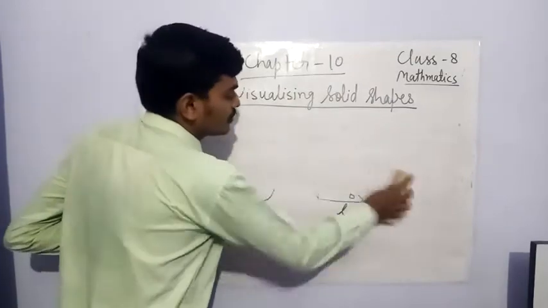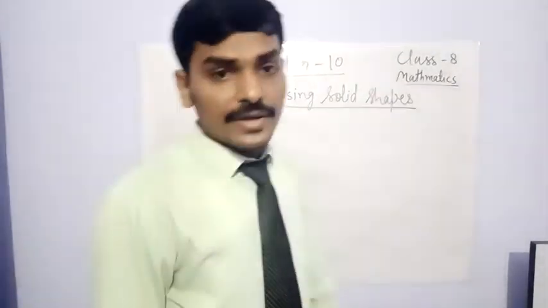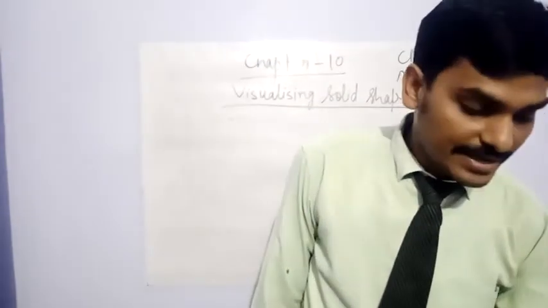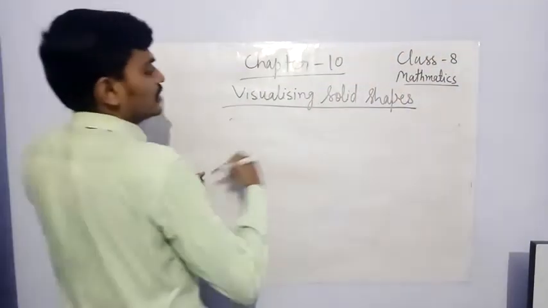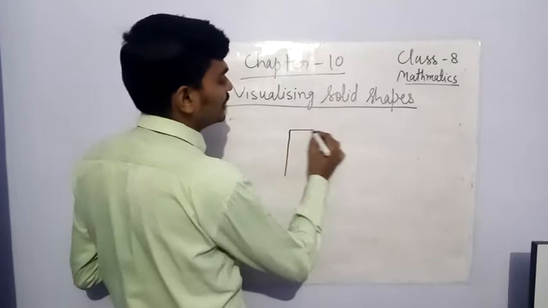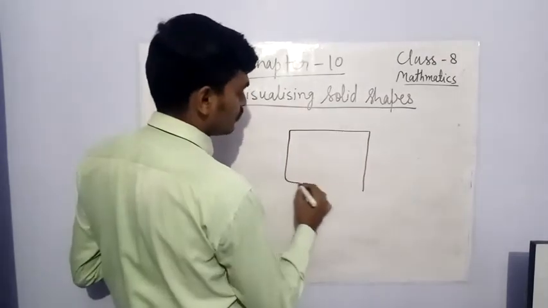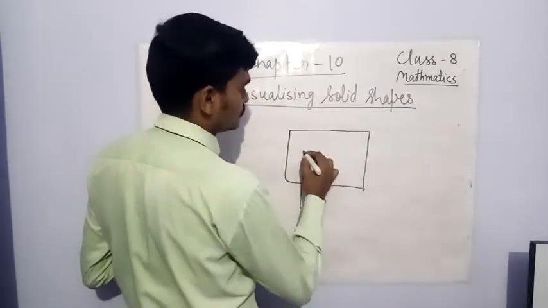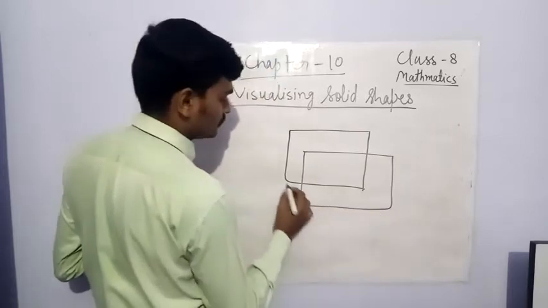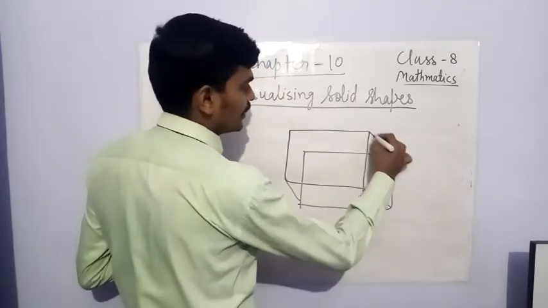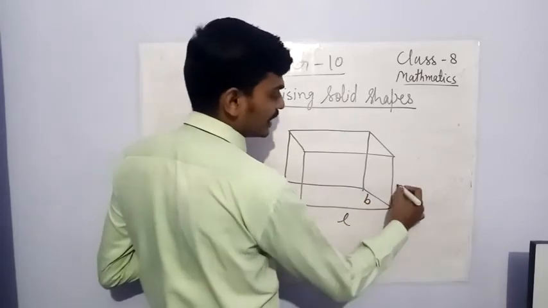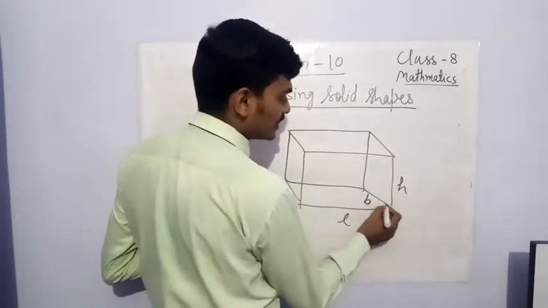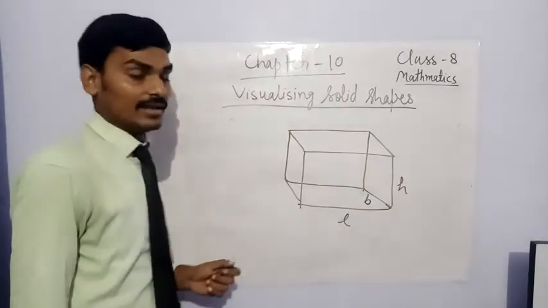Now come to the topic: what are the components of any 3D figure? For example, if we take any cuboid, it has length, breadth and height.